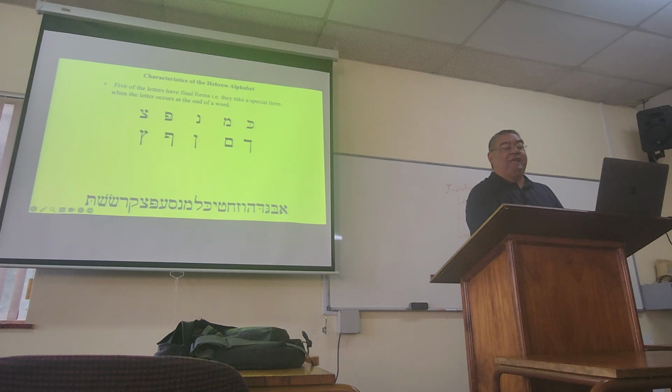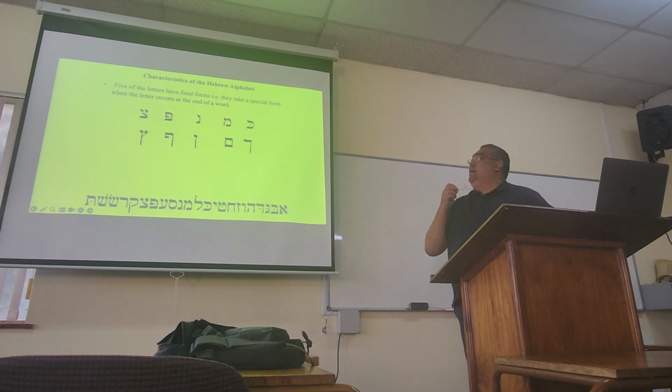But when the kaf stands at the end of the word, it will drop its dagesh lene, and so the pronunciation of that will be ch. The pronunciation of that, the final pay, will be f, and not p. Okay? Because you can see there's no dot inside it. Any other questions? Are we good with that? Okay, so that's what we call the final forms.